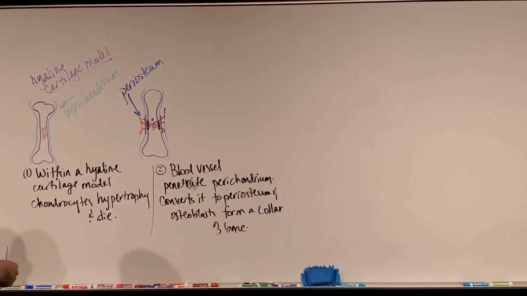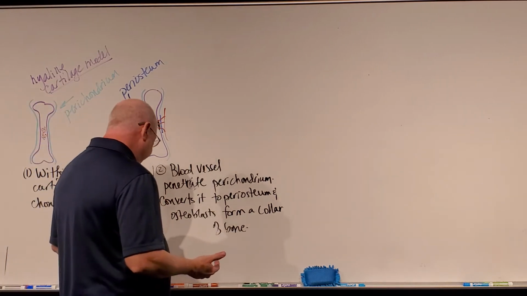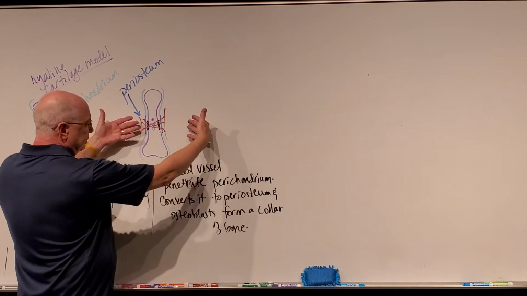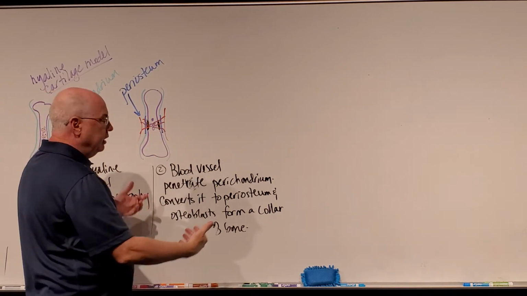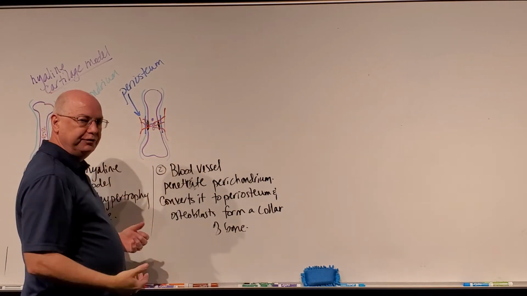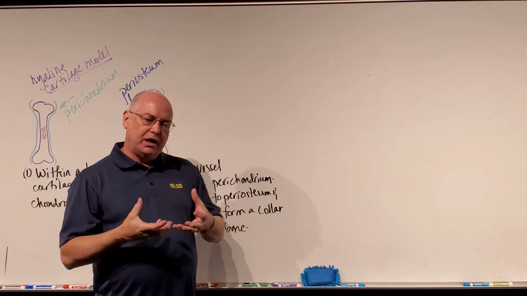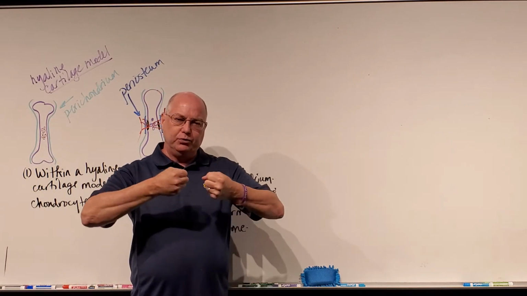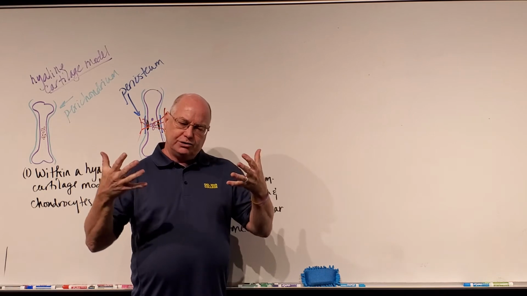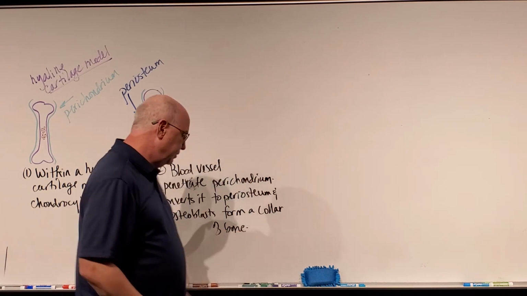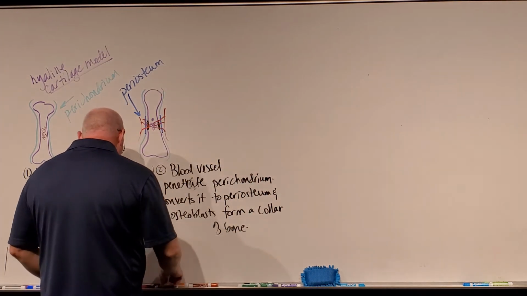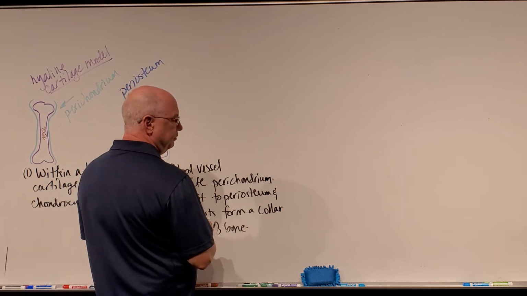Now, in our third step, as the blood vessels continue to penetrate, osteoblasts will continue to move in, and really some osteoclasts also move in and eat away the cartilage, and then osteoblasts put down some spongy bone, and our model will start to look a little bit different.